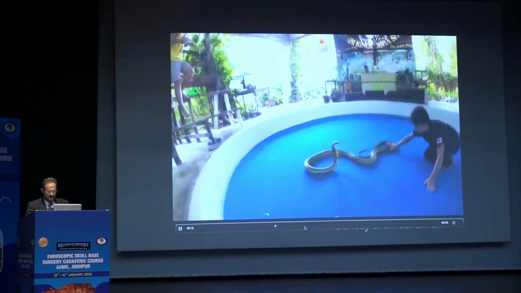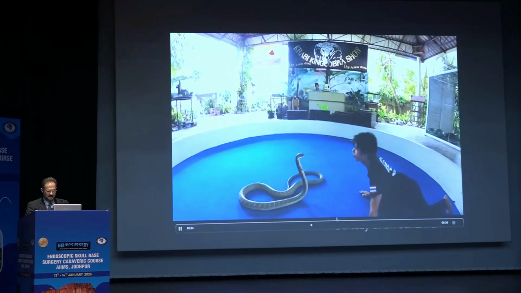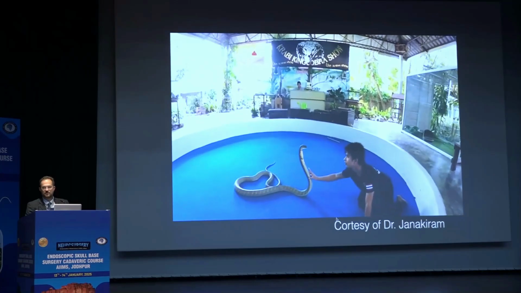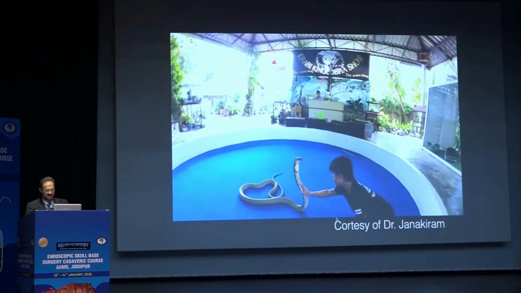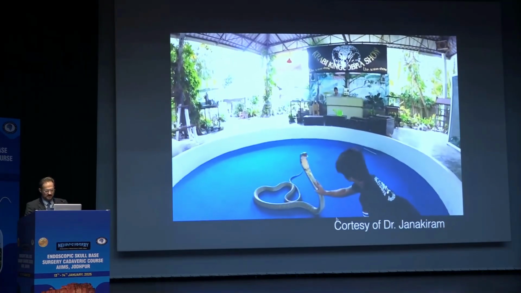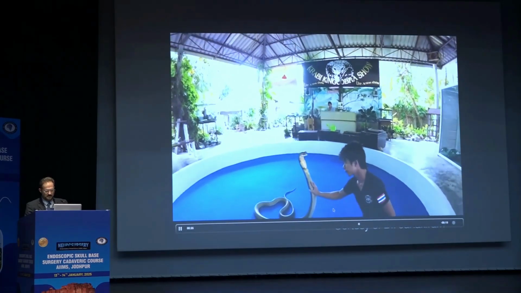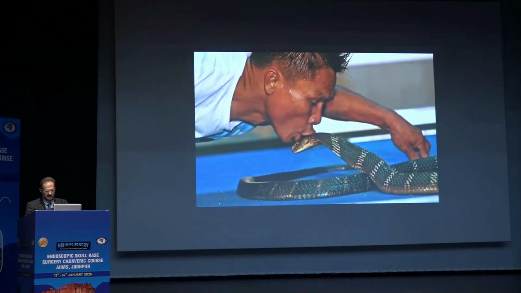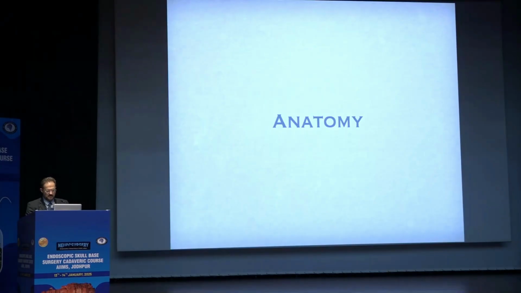If you look at how he uses his head, respects the cobra, and dominates. So you need to know the anatomy. I think that's the whole message here, and to be able to avoid problems. So the most important thing is really respect and knowing the anatomy.